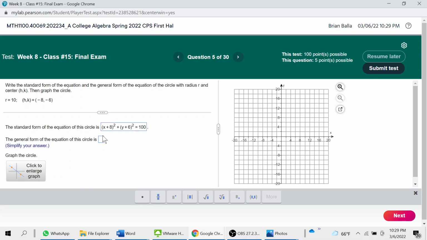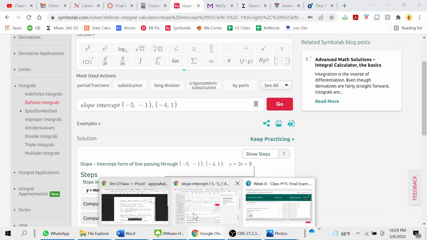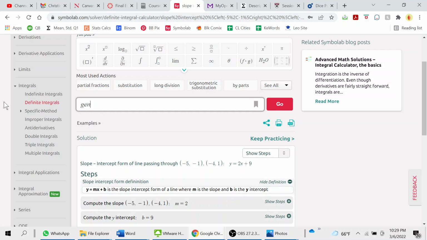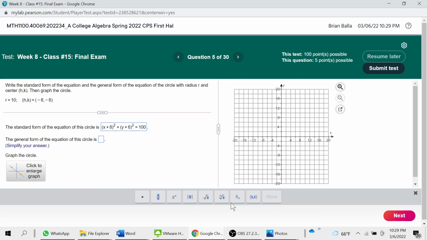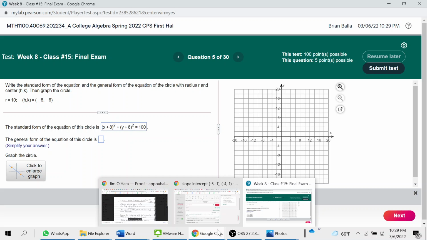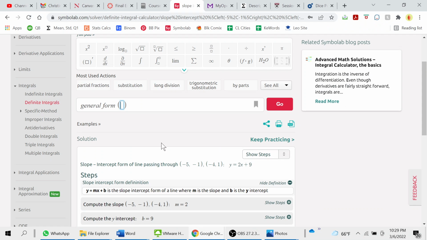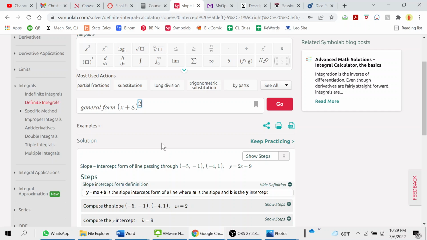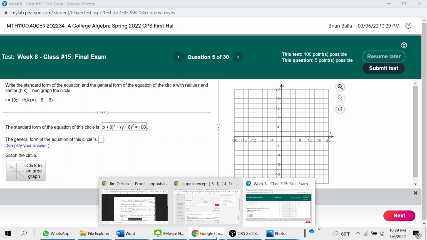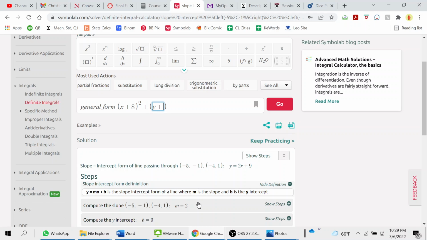The general form of this equation is x plus 8 squared, y plus 6 squared equals 100.